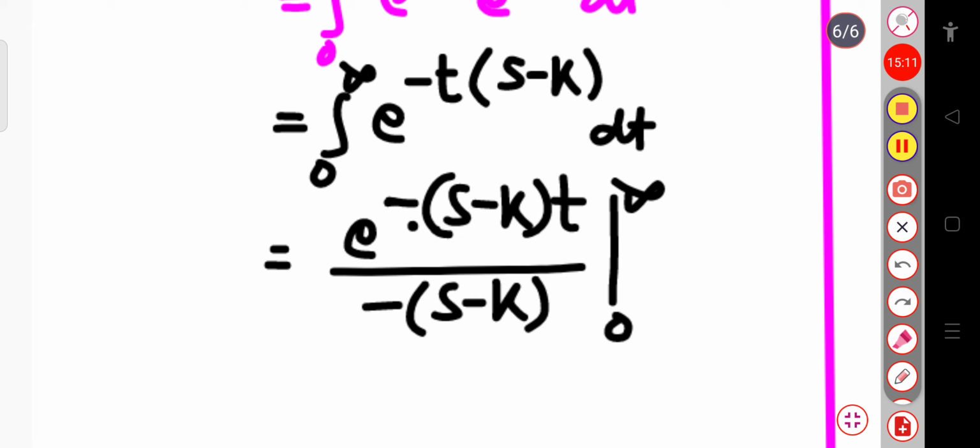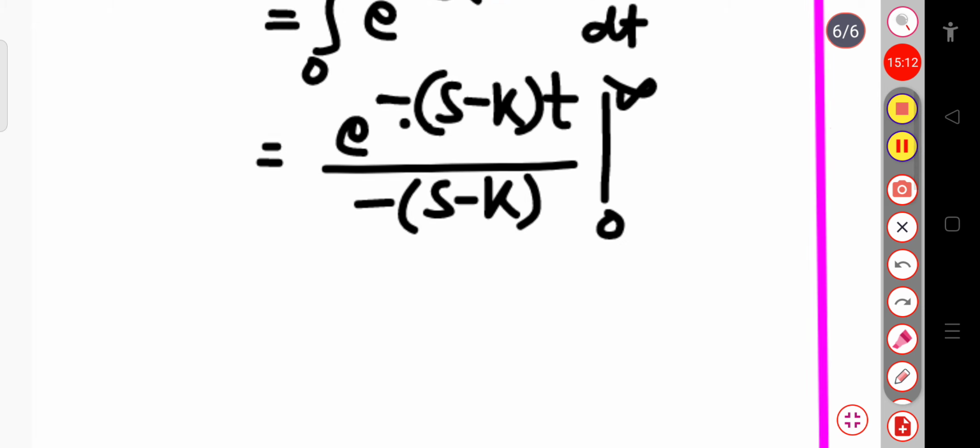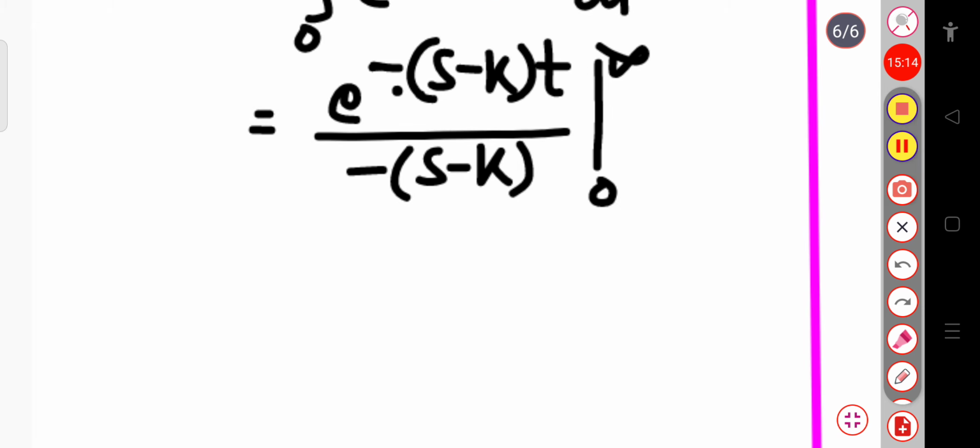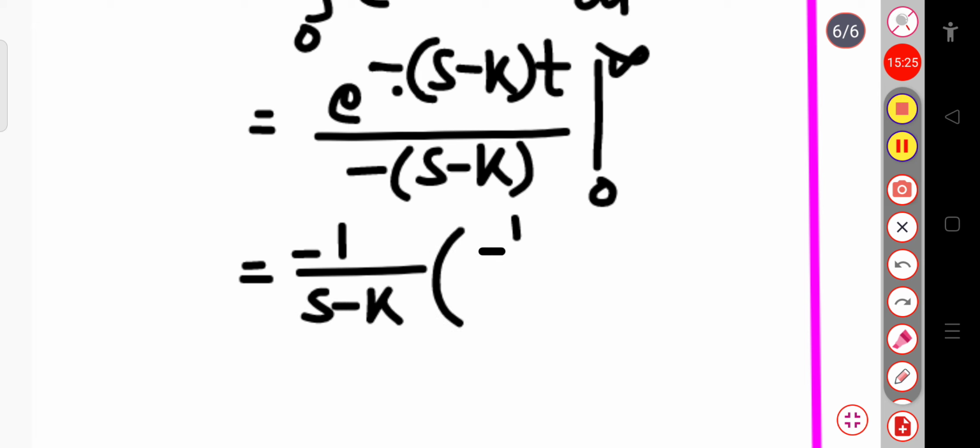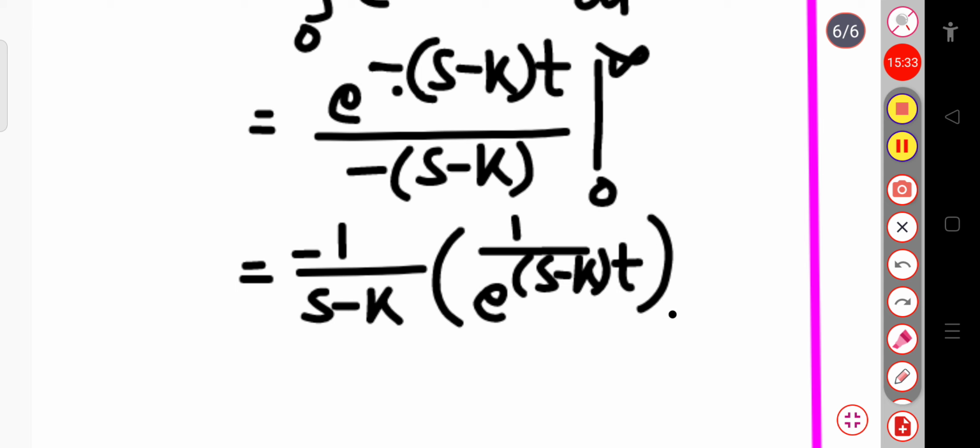Okay. Now this is equal to minus 1 divided by s minus k, into 1 by exponential s minus k into t, because this negative sign becomes positive sign here, over the limit 0 to infinite. Now first we have to put the upper limit, then minus the lower limit.